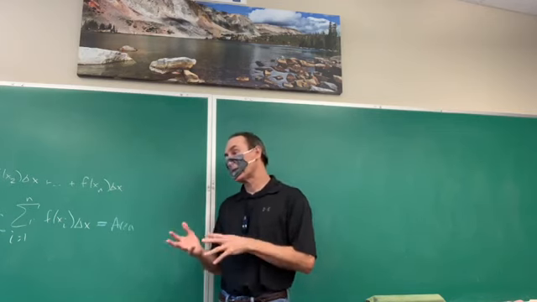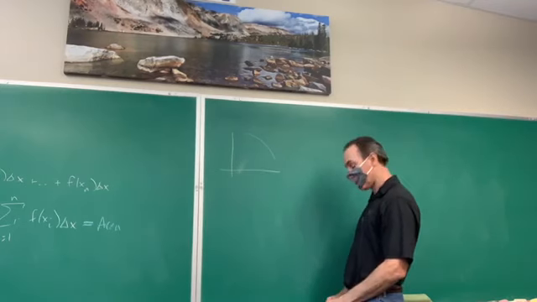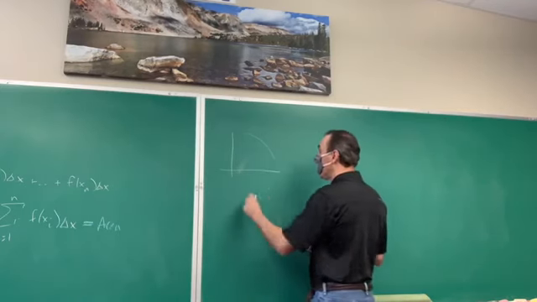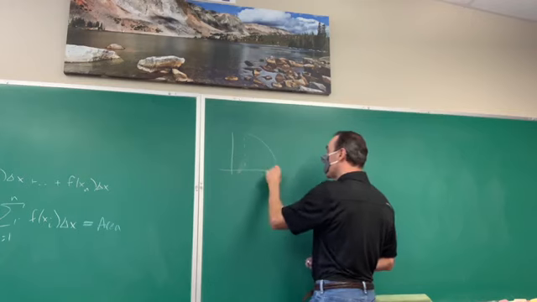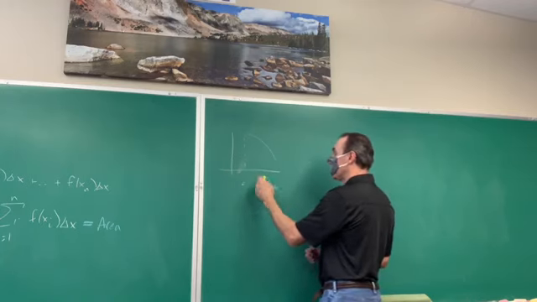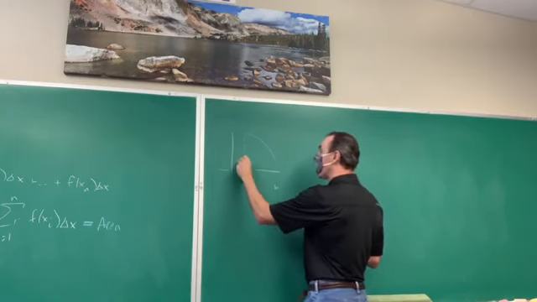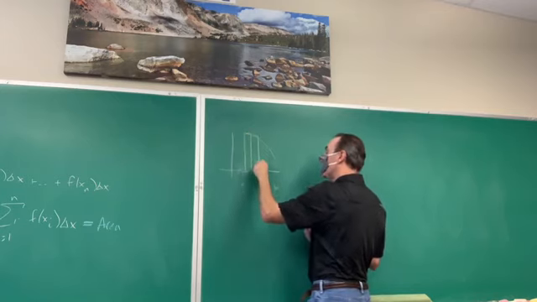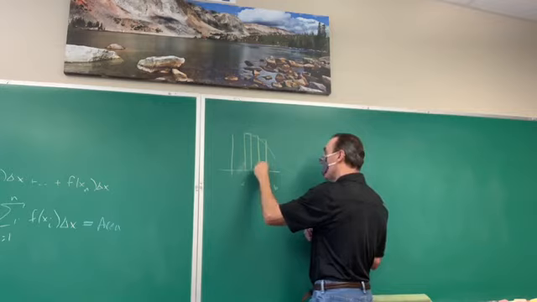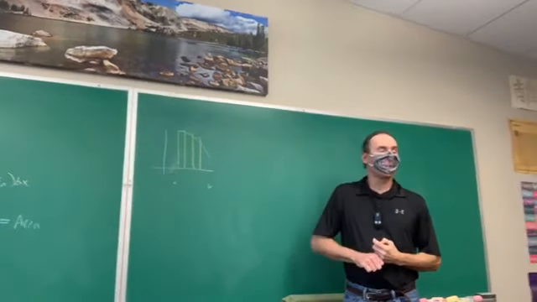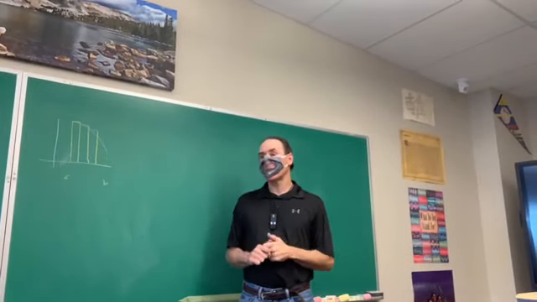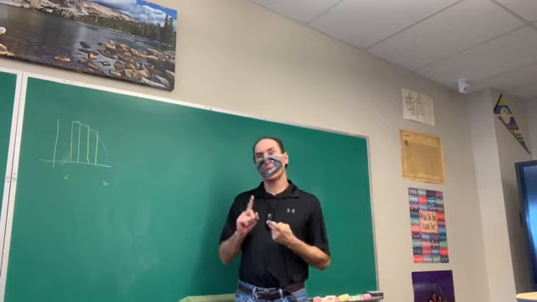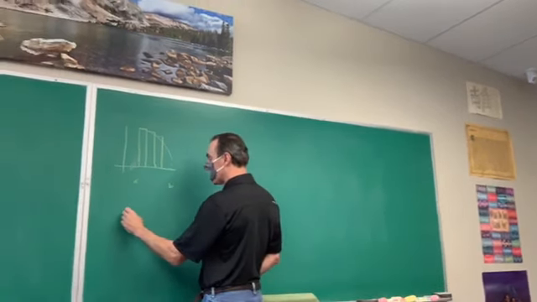So for example, if we have a curve, and that curve is decreasing, and if we are going to approximate this area from a to b and we use left rectangles, I would just draw a picture of it, but you can see, is that going to give us an overestimate or underestimate?